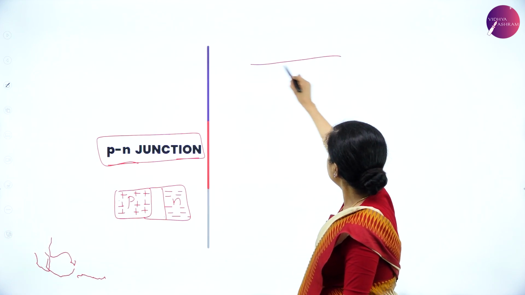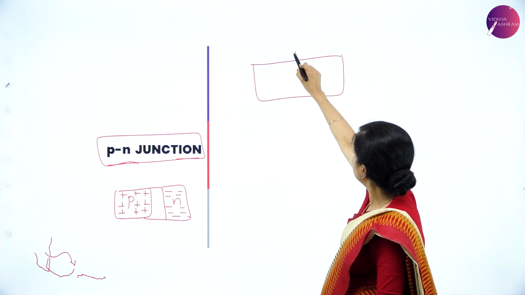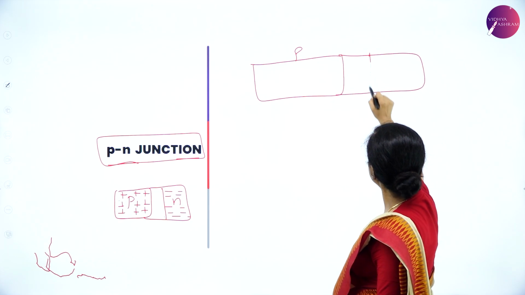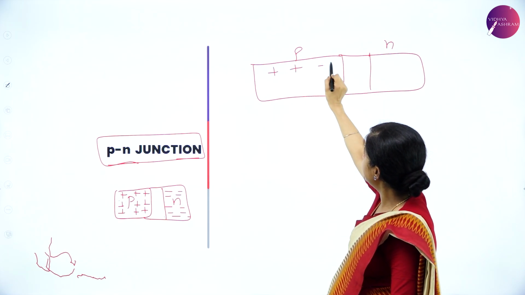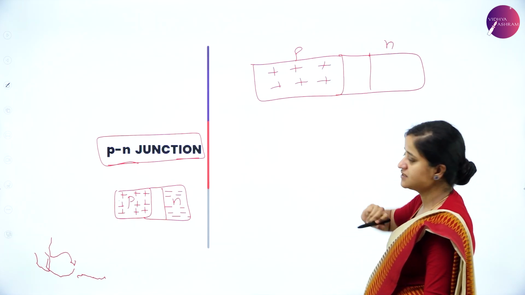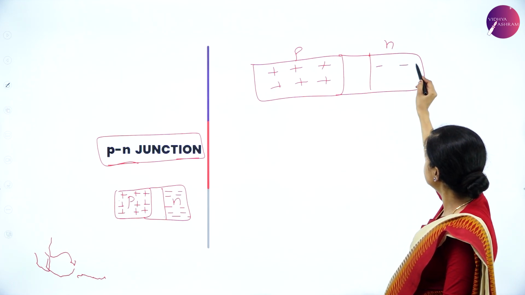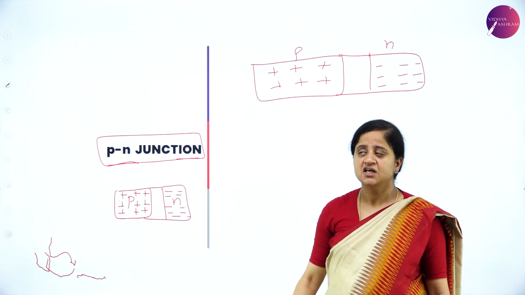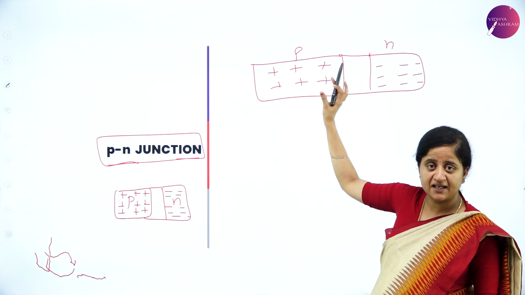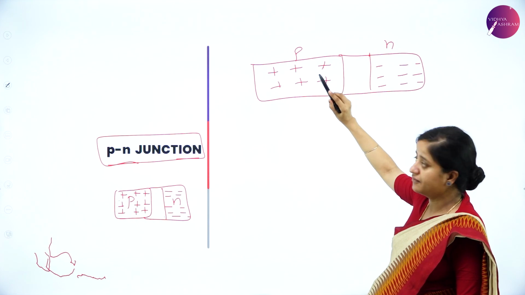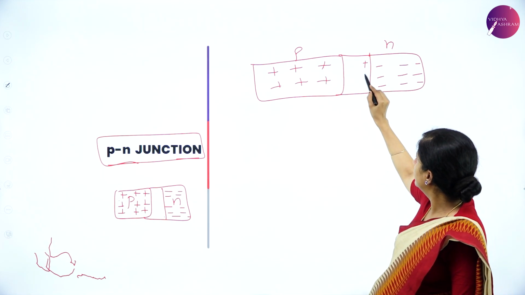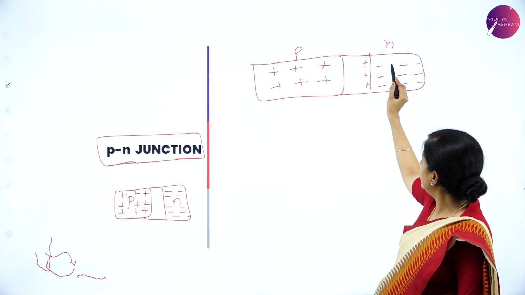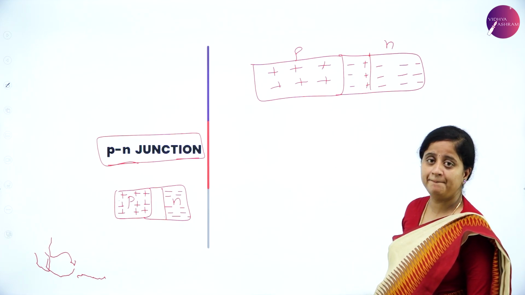During the formation of the p-n junction, this is my P-type material and this is my N-type material, where in P-type material the holes are the majority charge carriers, and in N-type the electrons are the majority charge carriers. During the formation of the p-n junction, the holes diffuse to the n region and electrons diffuse to the p region.